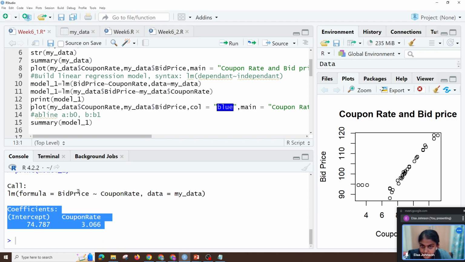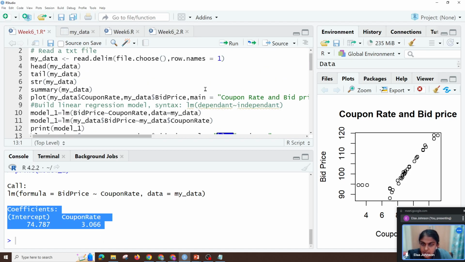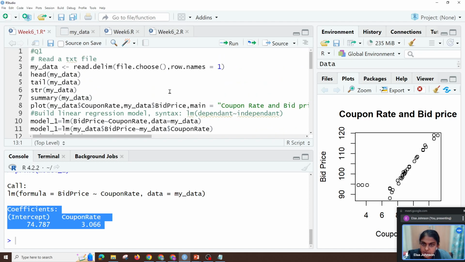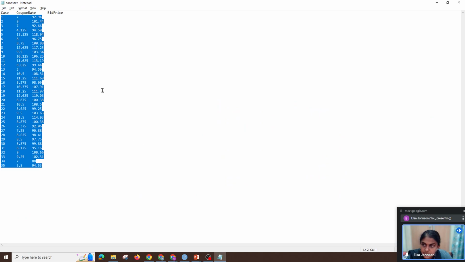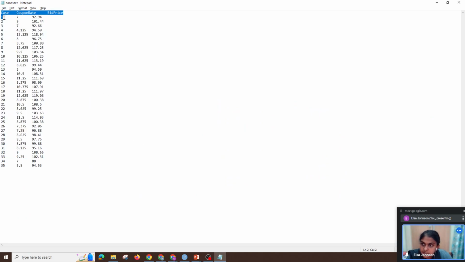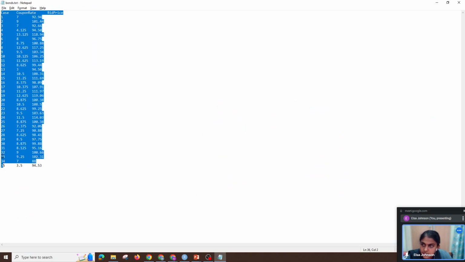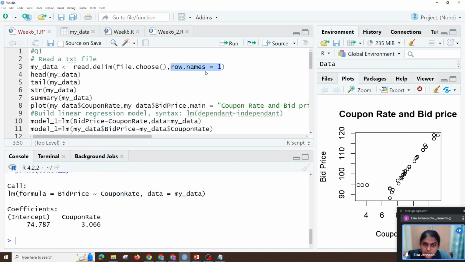One thing you have to see here is that I have given row dot names equal to 1, meaning it takes the first column as the index values. You can see in the data there is a first column given 1 2 3 4 like that. So row dot names equal to 1 means the first column will be taken as the row numbers.